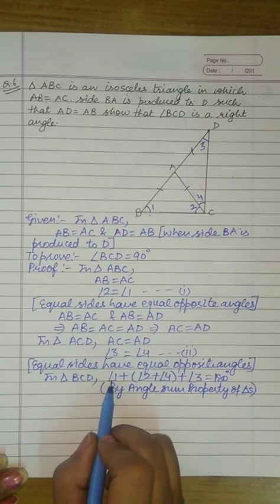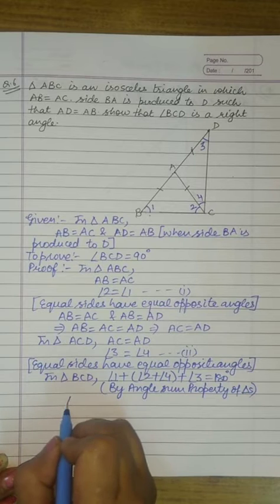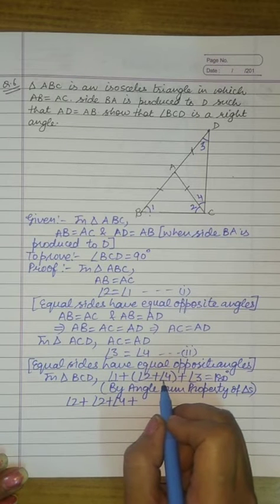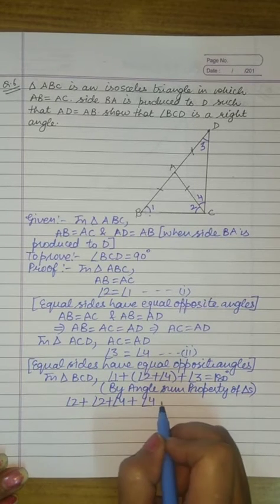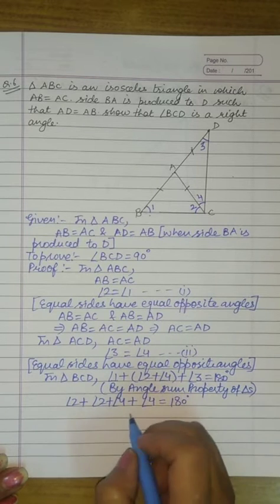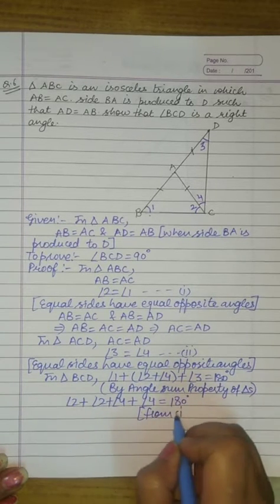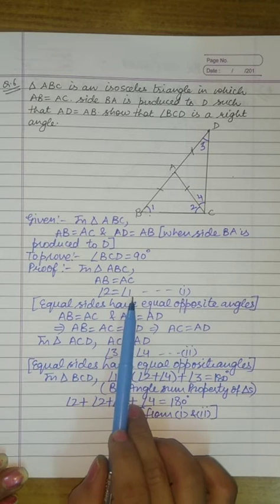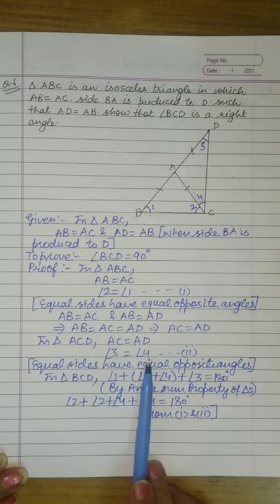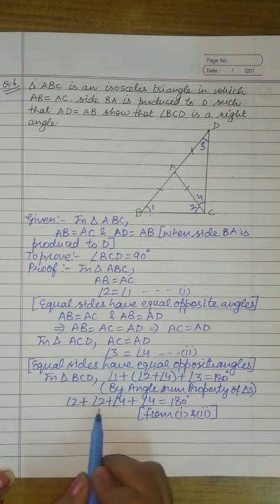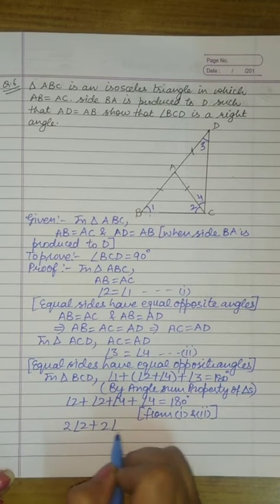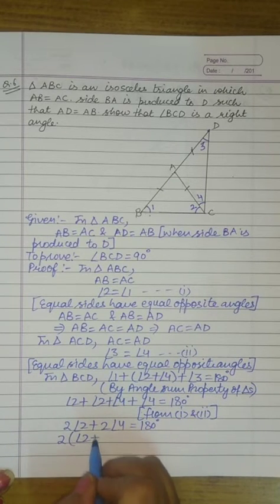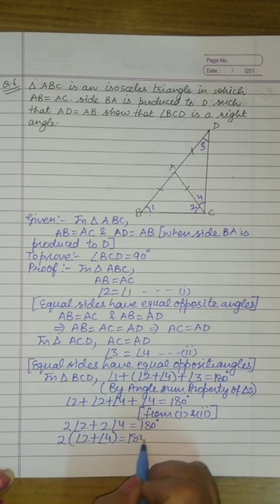So we will write, instead of 1 we will write angle 2, then angle 2 plus angle 4 at point C, then angle 4, is equal to 180 degrees. We mention here from 1 and 2 because already we have mentioned in equations 1 and 2 that angle 1 can be replaced by angle 2 and angle 3 can be replaced by angle 4. So we got 2 angle 2 and 2 angle 4 is equal to 180 degrees. Take 2 common from the left hand side, we get 2 times angle 2 plus angle 4 is equal to 180 degrees.